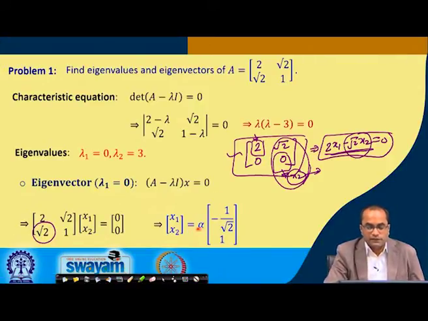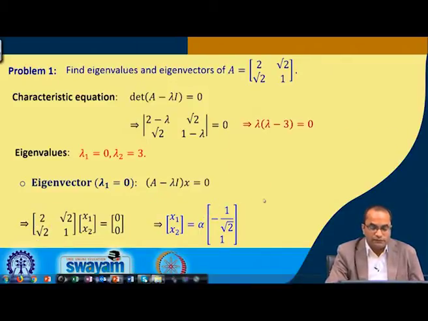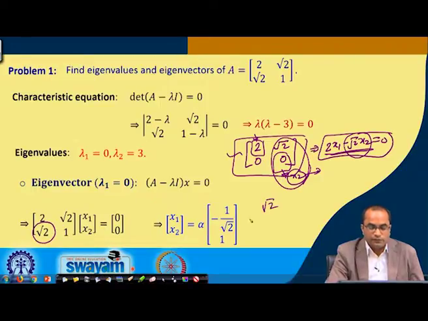For instance, x 2 was taken as the free variable alpha, and then x 1 is coming 1 over square root 2 with the minus sign, or any multiple of this we can, for instance, multiply by square root 2. So, we can also take the vector, square root 2 with minus sign and the square root. So, when we multiply by square root 2 to both, this will become 1.